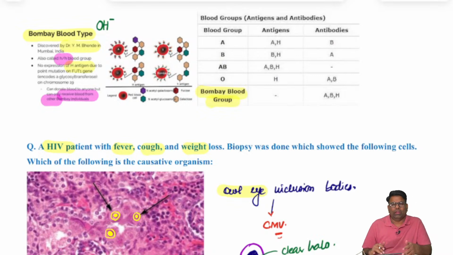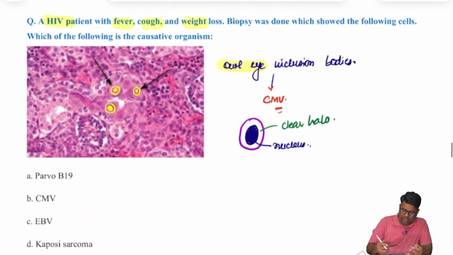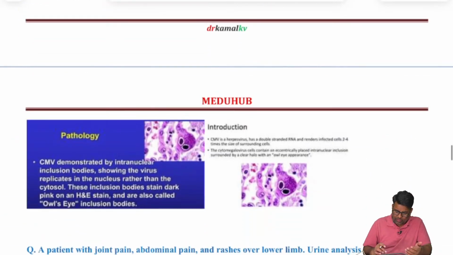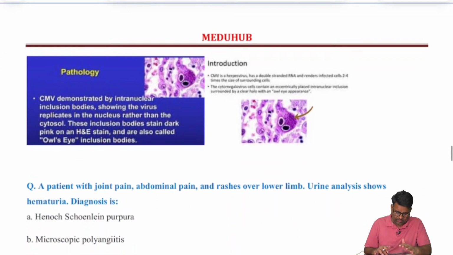This is how we identify owl eye cells or owl eye inclusion bodies suggestive of CMV. So this is the classical CMV picture, and in many discussion forums you see a classical image like this, right? So this is the typical owl's eye inclusion bodies suggestive of CMV.